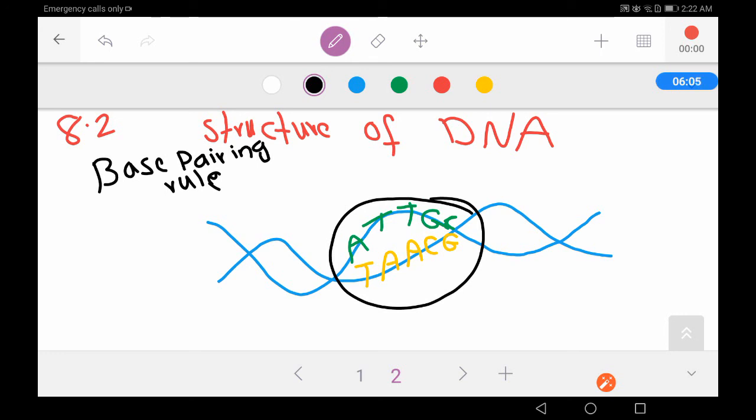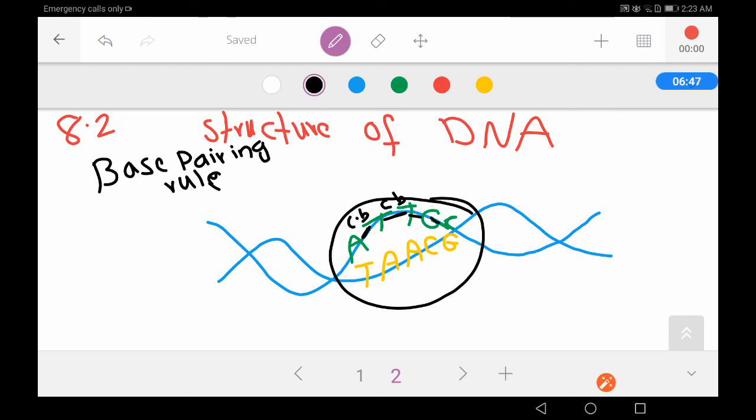And what we have to know in the base pairing rule is the bond that's present, please listen carefully, between the nucleotides of the same strand, the nucleotides that I wrote in green color, all of them. The bond that we have between the nucleotides of a single strand is a covalent bond.